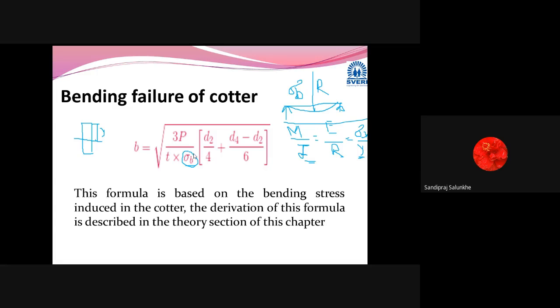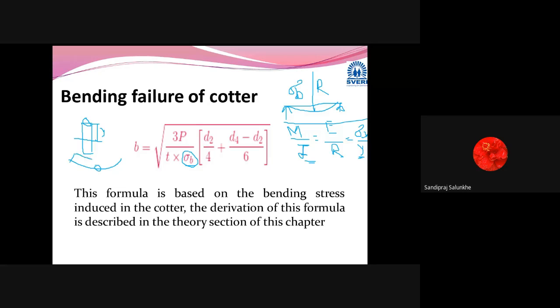But here I just want to ask one question: how is this sigma B calculated by means of this formula? I want to ask whether this sigma B is different from tensile or compression. Now you have given the answer that it is just a combination of tensile and compression, because when bending is occurring, what will happen to this upper layer?